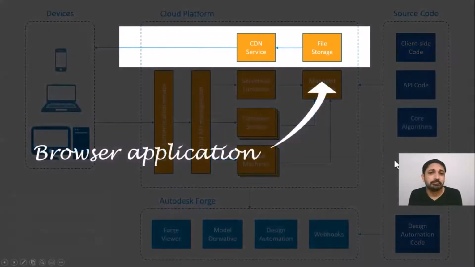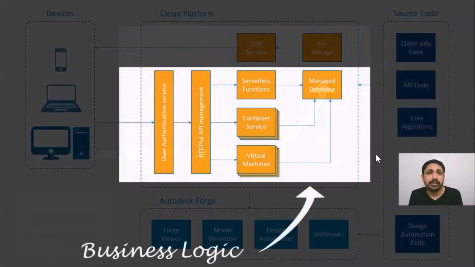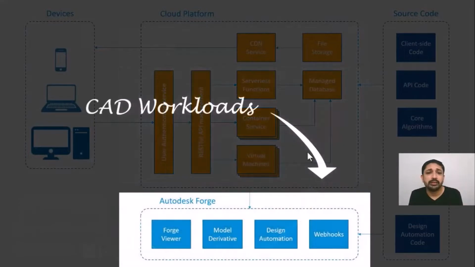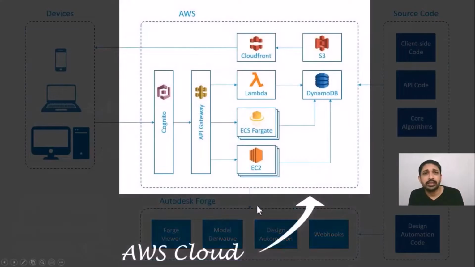Yeah, the browser application sits in this layer. Then the business logic sits in the backend layer. Then the CAD workflows are supplied from Autodesk services. Okay, so now the same things when we see from the AWS perspective, you get these services provided by AWS in their cloud.